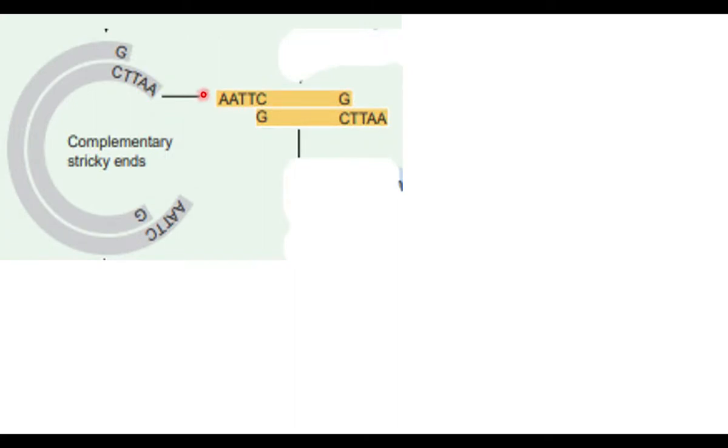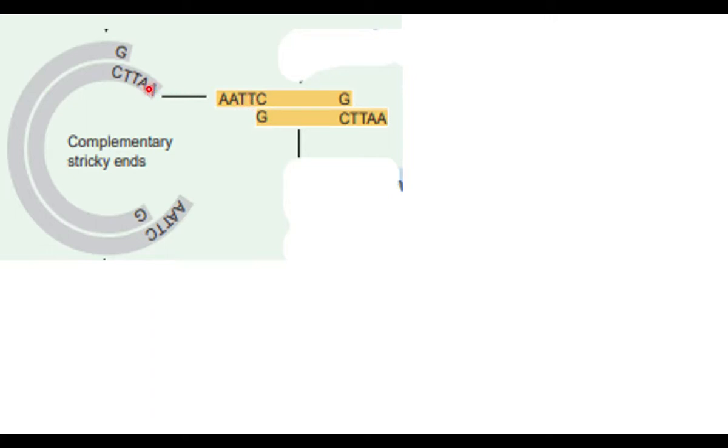Now after the activity of the restriction enzyme, the foreign DNA has sticky ends and the vector DNA has sticky ends. Sticky ends have complementary nucleotide sequences. TT is complementary to AA, and again AA is complementary to TT.